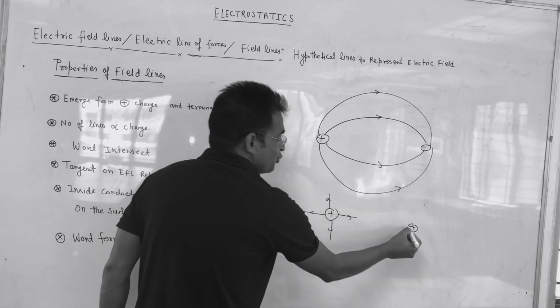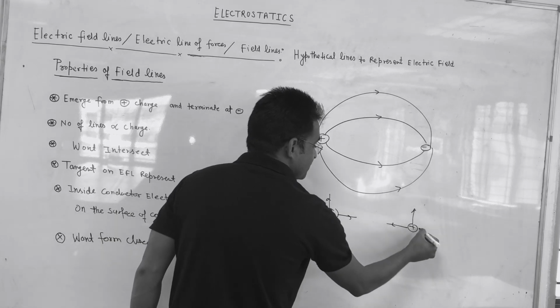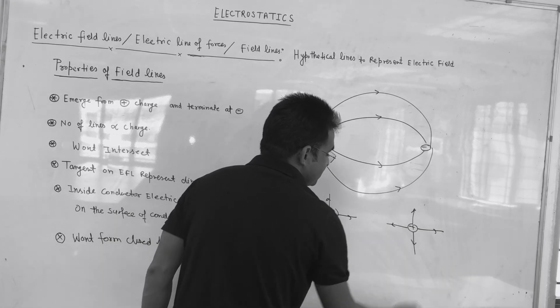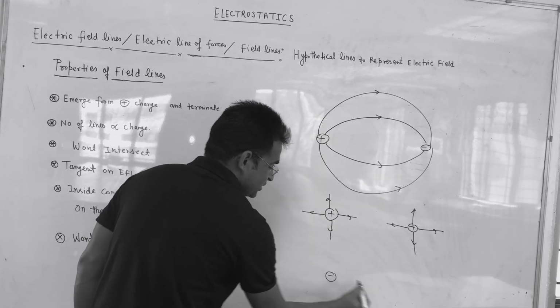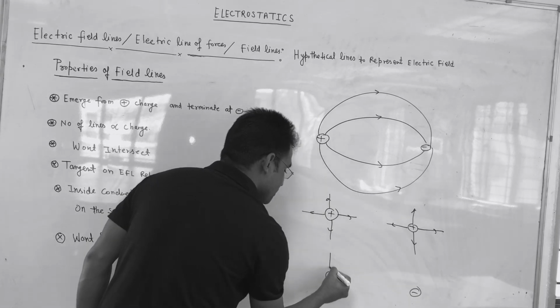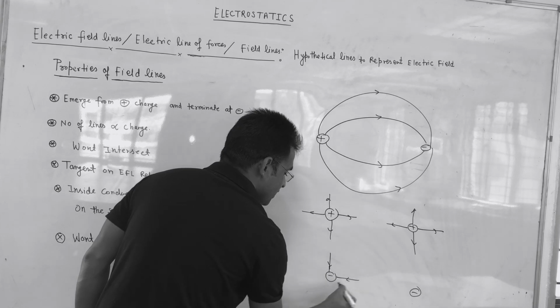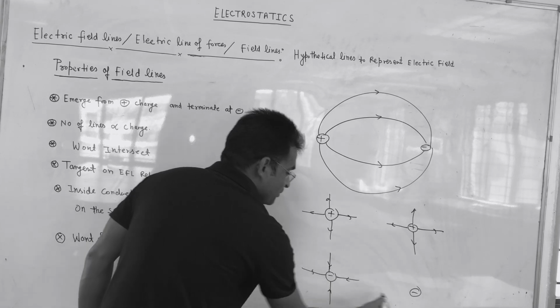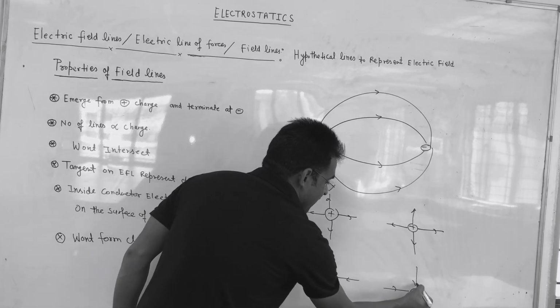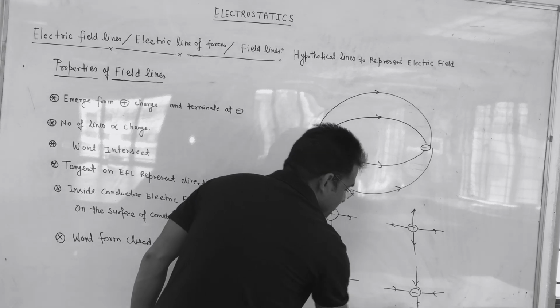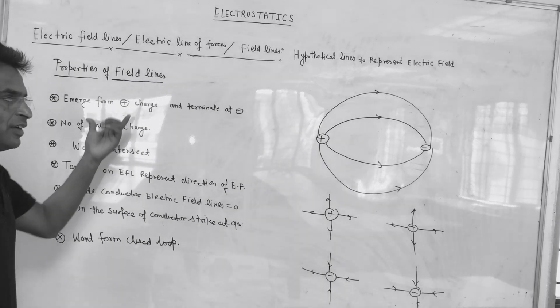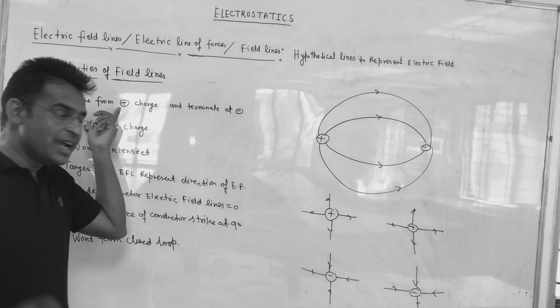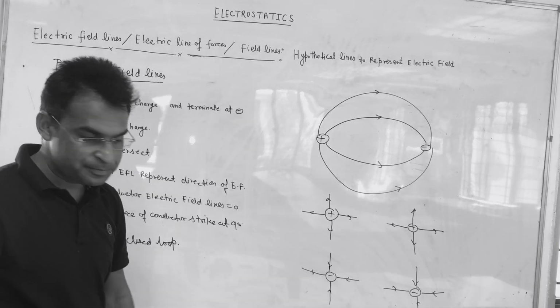It will emerge from both charges like this. And if both are negative charges, then it will terminate on both charges. This is negative, this one is also negative, so it will terminate on both charges. It means it emerges from positive charge and ends at negative charge. So that is the meaning of the first statement: electric field lines always emerge from the positive one and end at the negative one.